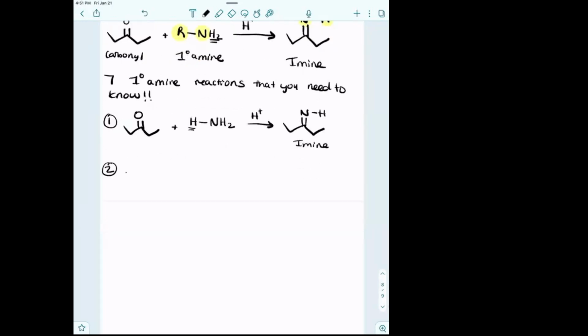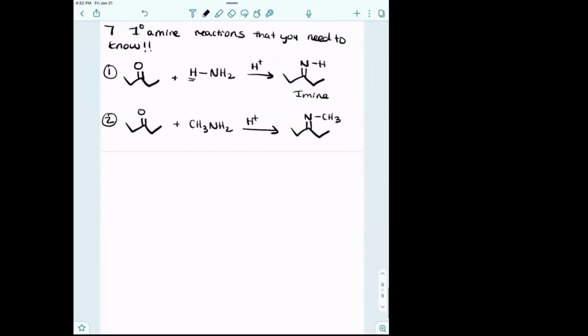The second reaction is going to be CH3 NH2 H plus. This is going to give you double bond N CH3. See that? This is the R group. Third reaction is H2N NH2 H plus.